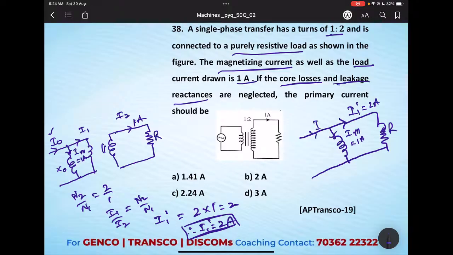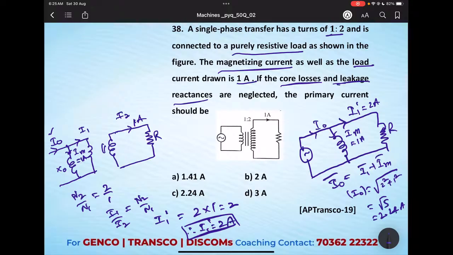We need to calculate I0. This is our source. I0 is the phasor sum of I1 dash plus Im. So the magnitude of I0 will be the square root of 2 squared plus 1 squared. How much will it come? Root 5, that will be 2.24 amperes. Our option is C. Is it clear?